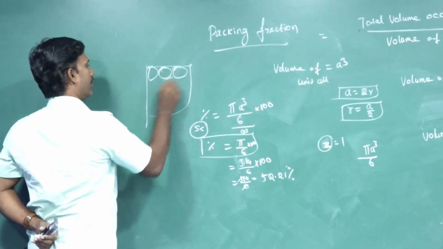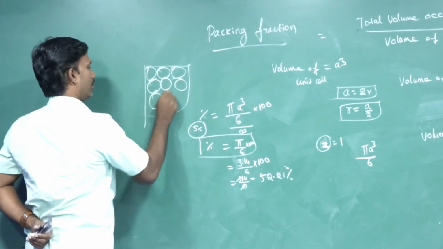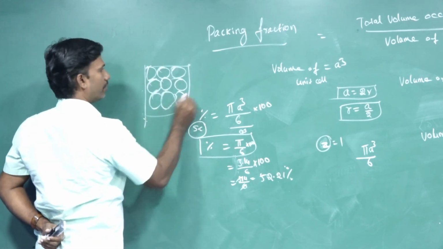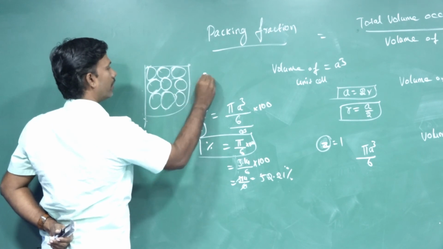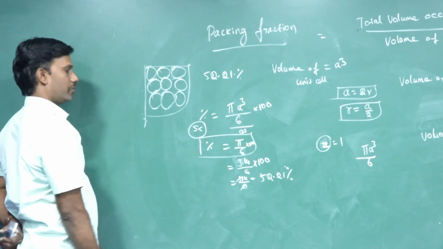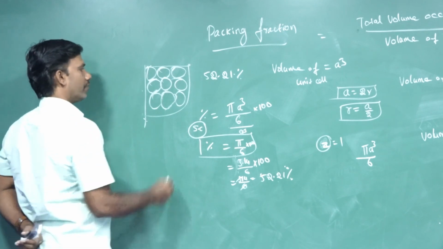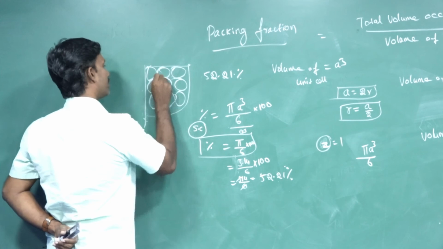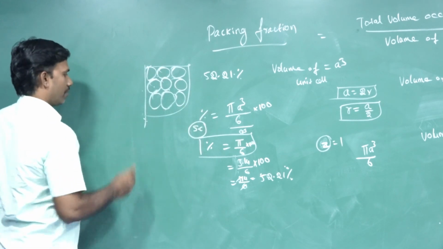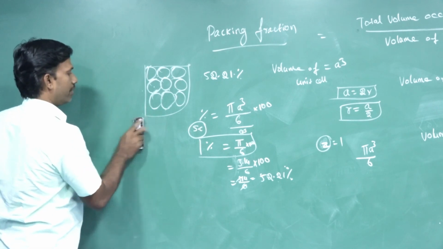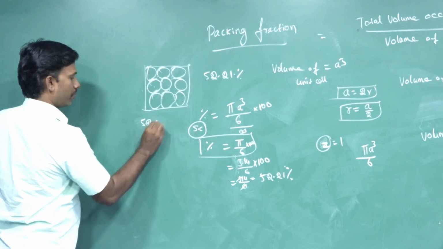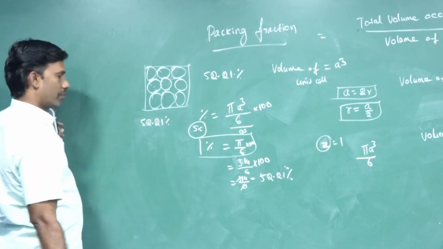So the total volume will be occupied only 52.36%. Only 52.36% is occupied. What is the empty space? These are the empty spaces behind it, inside it. So the question may be asked: the space occupied in a simple cubic? The answer is 52.36%.